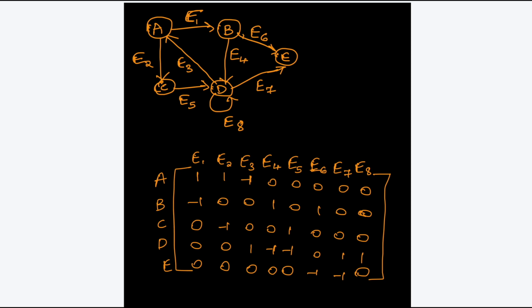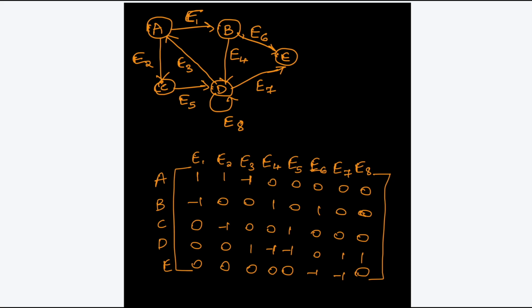If we go to E3, it starts from B. So E3 and B are marked as +1. When the edge goes to A, E3 and A are marked as -1. Similarly, every edge is considered and marked in this form. The final result is here.